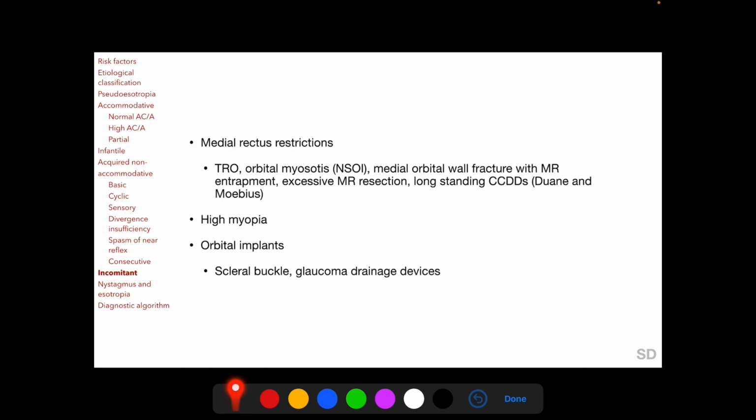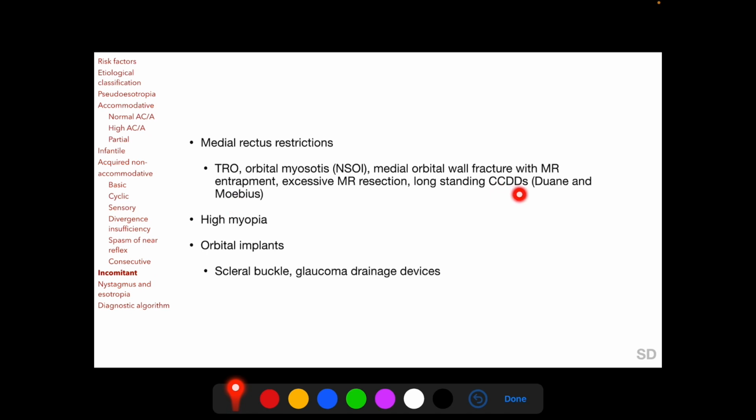Apart from sixth cranial nerve palsy, other causes of incomitant esotropia include medial rectus restrictions, which can occur with thyroid-related ophthalmopathy, orbital myositis, medial orbital wall fracture with entrapment of the medial rectus muscle, excessive medial rectus resection for correction of exotropia, and long-standing CCDDs such as Duane's and Moebius syndrome.